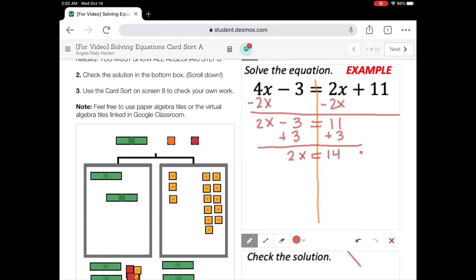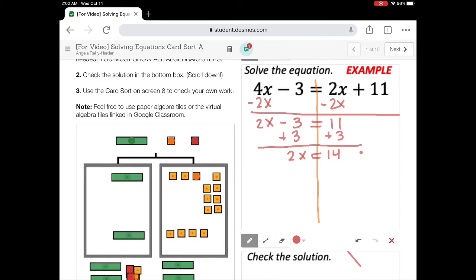Now I need to split up the 14 between the 2 x's. So that's division. Okay, so I can already think in my head, I know what 14 divided by 2 is. But if I want to see it out, I can go ahead and line up these tiles as well.